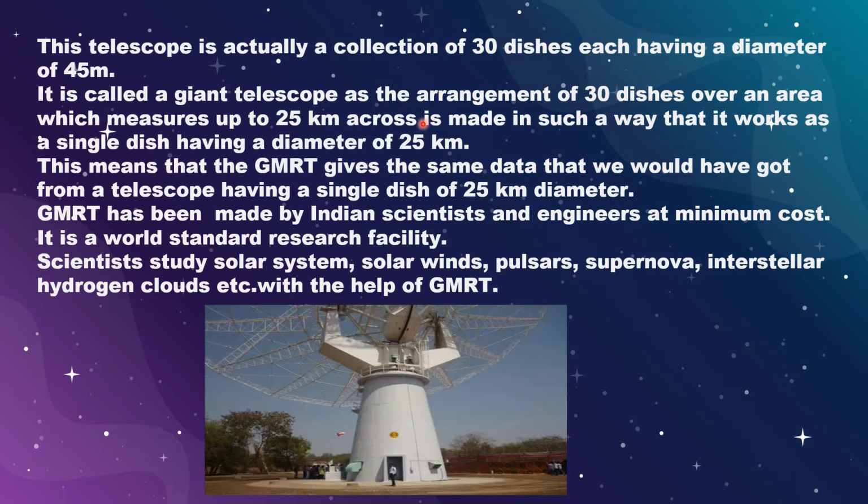So it works as a single dish having a diameter of 25 kilometers. The scientists from more than 40 countries are beneficiaries of the data which is obtained from GMRT. Operated by TIFR, that is the Tata Institute of Fundamental Research, this telescope has been used for making path-breaking discoveries. Scientists study the solar system, solar winds, pulsars, the supernova, the interstellar hydrogen clouds, etc. with the help of GMRT.